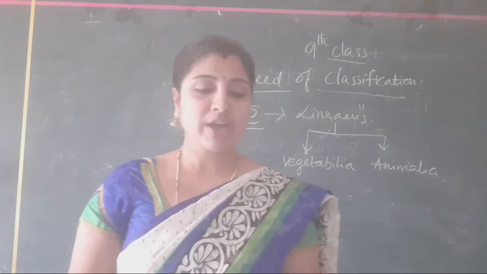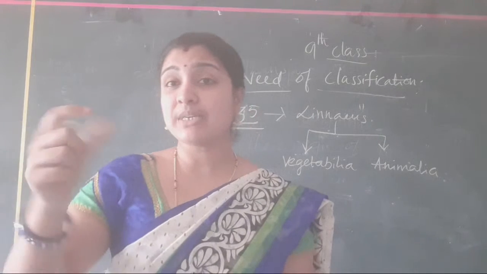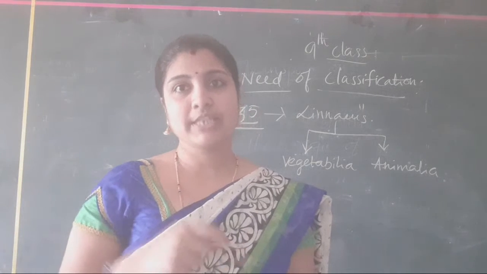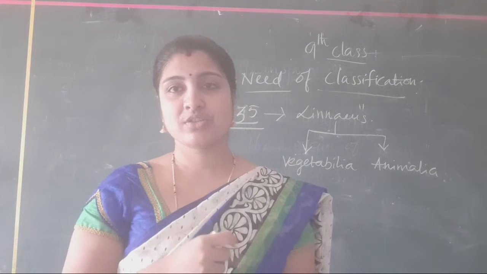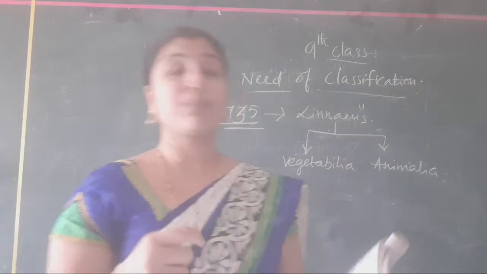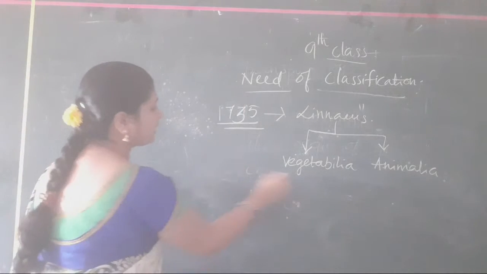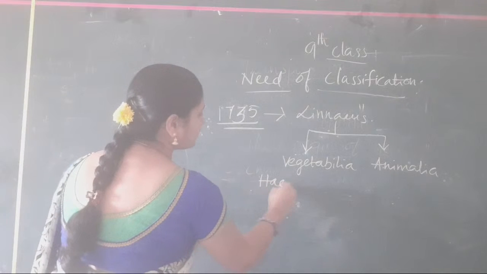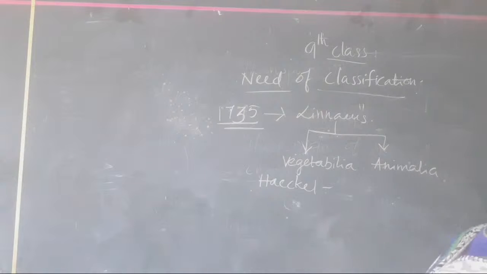What has he done? He thought that apart from plants and animals, another one is present. He named it Protista. He made 3 kingdoms. Let us write in the textbook manner only.